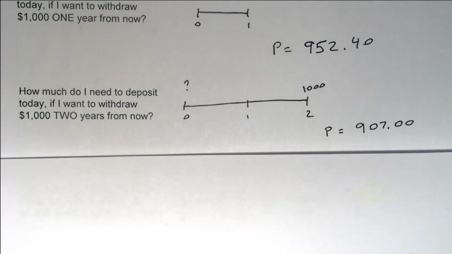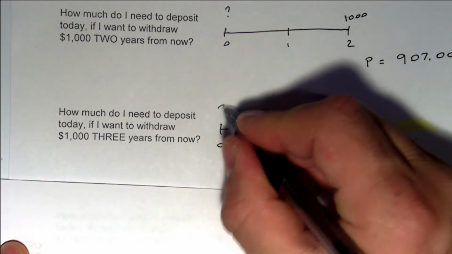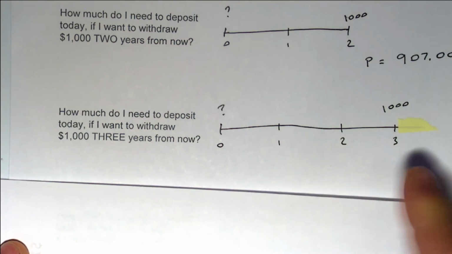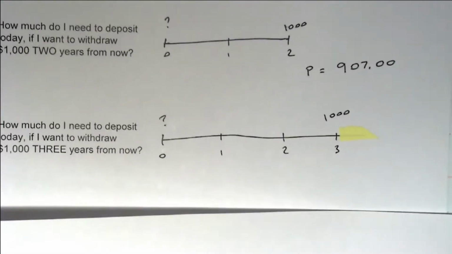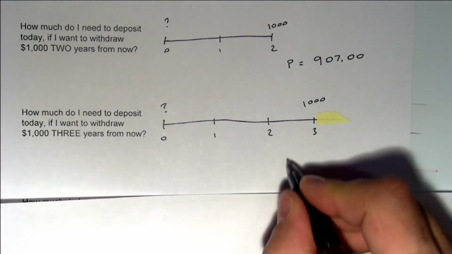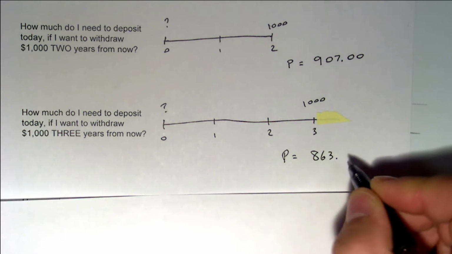Group 3, what I'm basically asking you is, how much do I need to deposit today if I want to withdraw $1,000 in year 3? Henry, what'd you get? 863.8. 863.80?